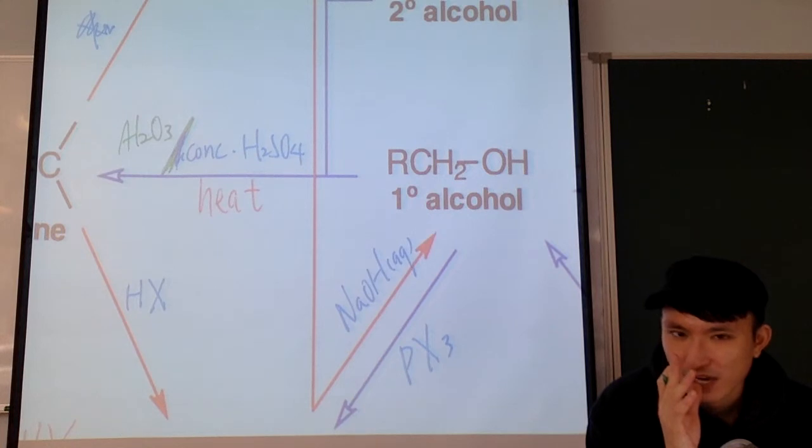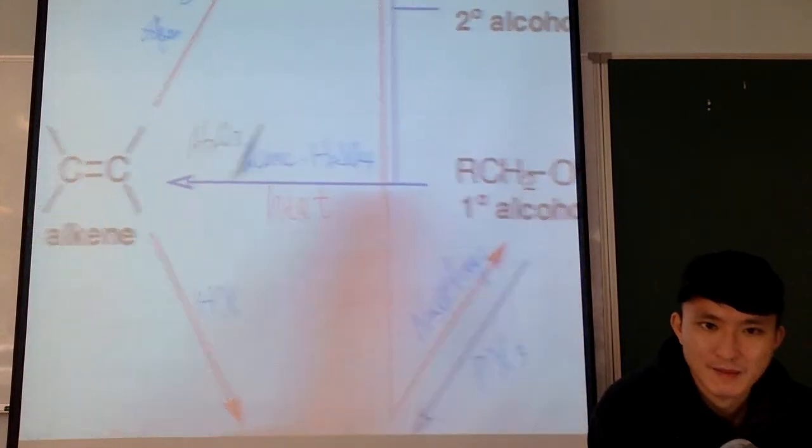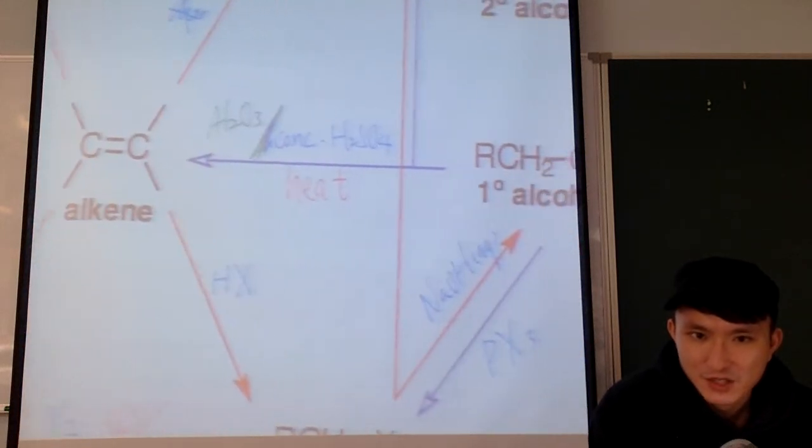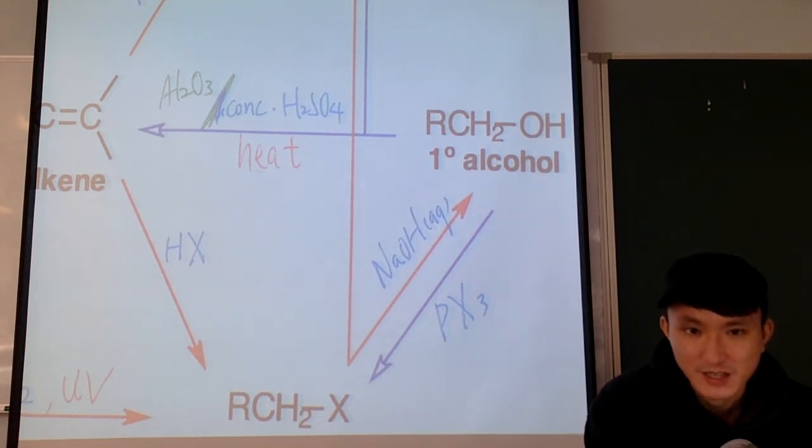So if you simply write down the reaction, it is the alcohol becoming alkene plus a mole of water. So it does not include concentrated sulfuric acid as the reagent. Concentrated sulfuric acid is not really the reagent, but it does participate in the reaction.